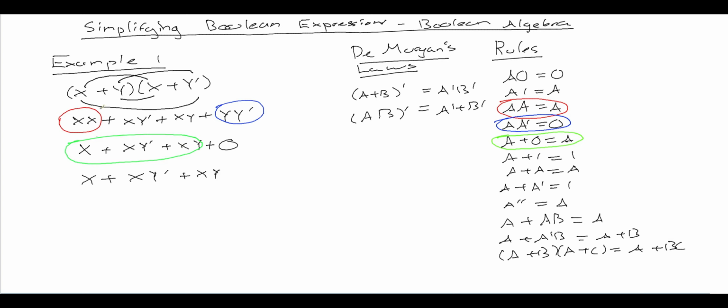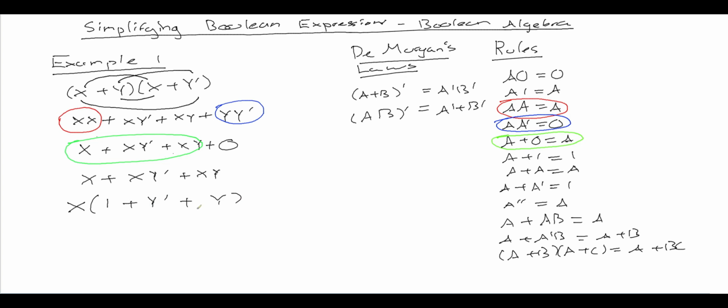So like we expanded these brackets, we can also take common factors out, a bit like normal algebra that you'll have learned about in maths. So we can take the x out of all of these terms here that are ORed together, and write 1 or not y or y, because we've just taken the x out of each term.